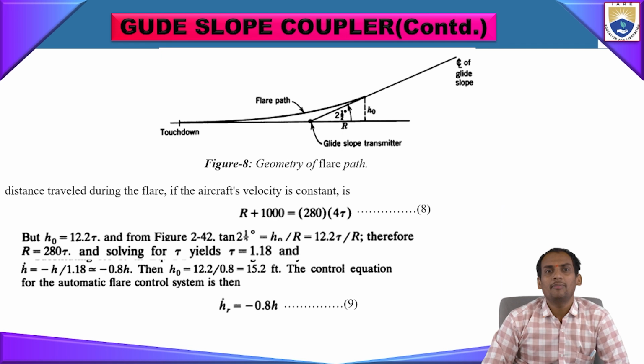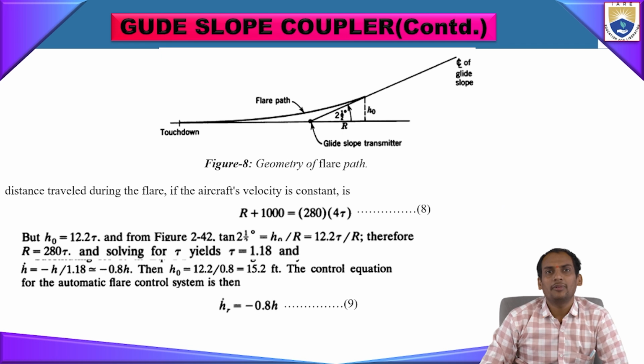So h naught will be equal to minus h by 1.1 from the previous equation. So 1 by 1.8 will be like minus 0.8 h. That means h naught will be equal to 12.2 by 0.8, so that will be 15.2.